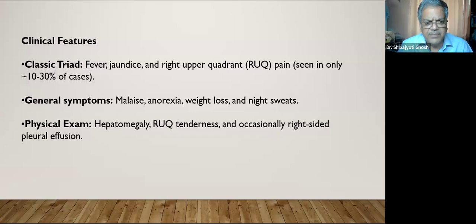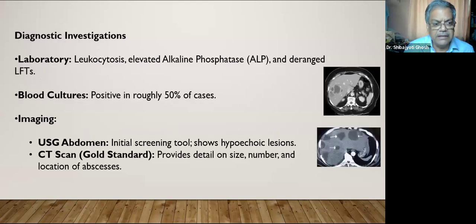On physical examination, we might find the liver slightly enlarged with tenderness over the right upper quadrant and occasionally a right-sided pleural effusion. We can also percuss over the intercostal spaces on the right side. There will be tenderness, and sometimes on pressure over the intercostal spaces the patient will have typical tenderness. These are more typical signs of liver abscess.